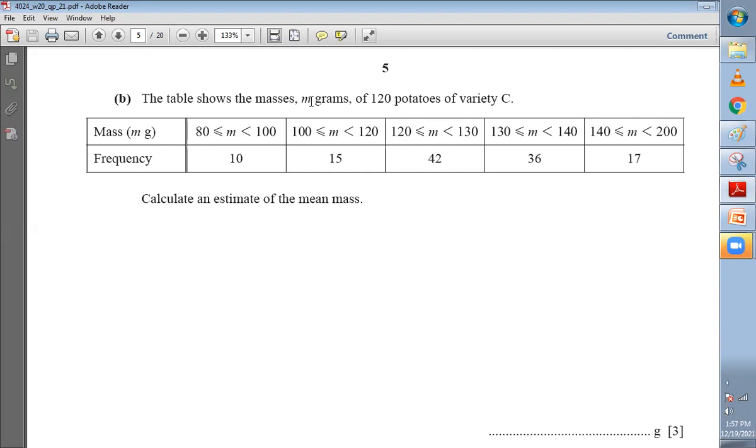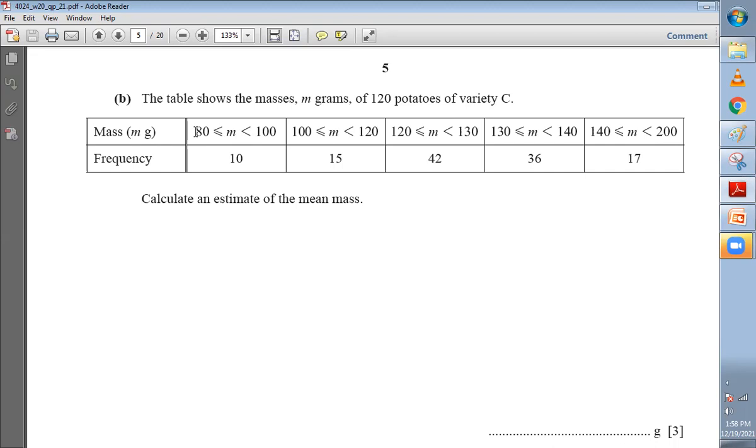To find the mean mass, the frequencies and the classes are given here. So you will find the mid value of each class. How do you find the mid value of a class? The method is very simple. You add the class boundaries, which we call class limits, and whatever answer you get, you divide it by 2.